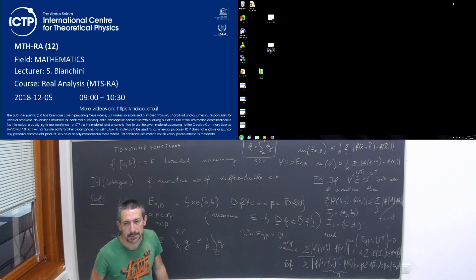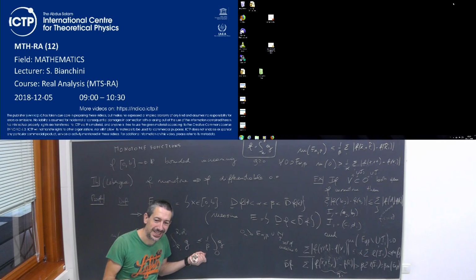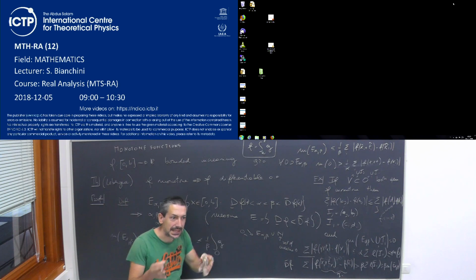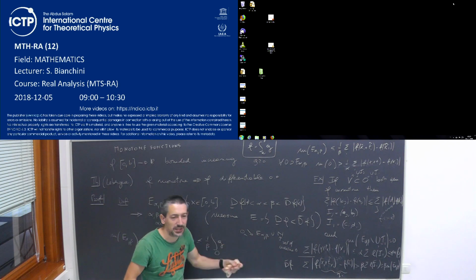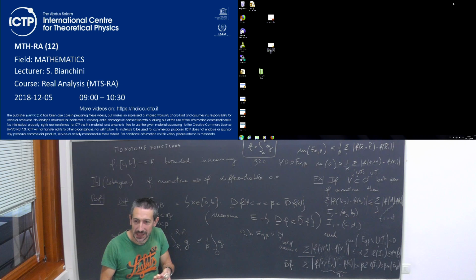Because it's the very definition. The measure of E is the infimum: there is a sequence of open sets which contain E, and the measure of E is equal to the intersection of these open sets.